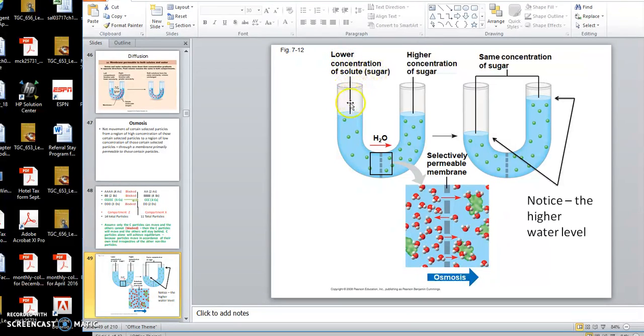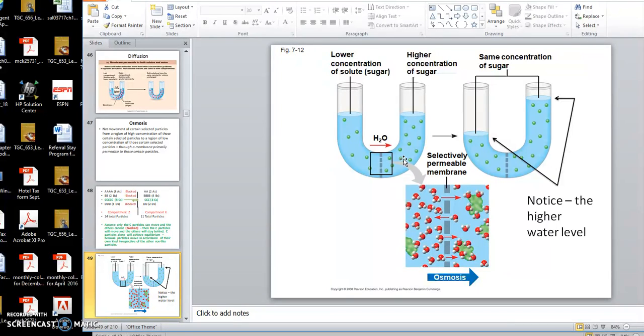If there's not as many solute particles, there's more water particles. See the equal levels? This has more solute particles. That means there's less room for the water. So the water would be in a higher concentration here and lower here.